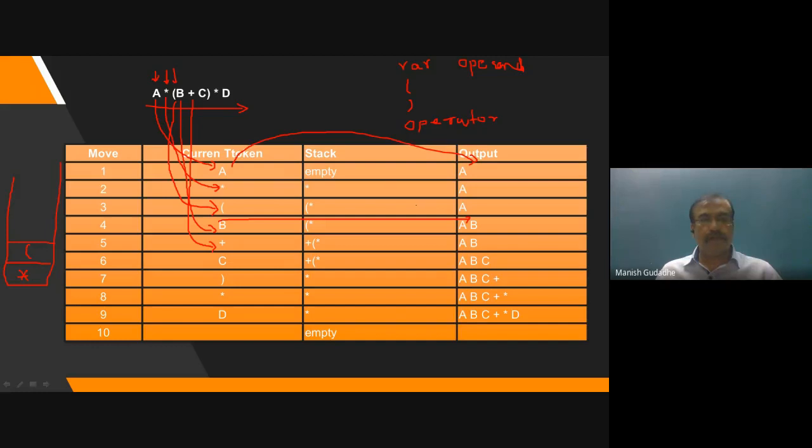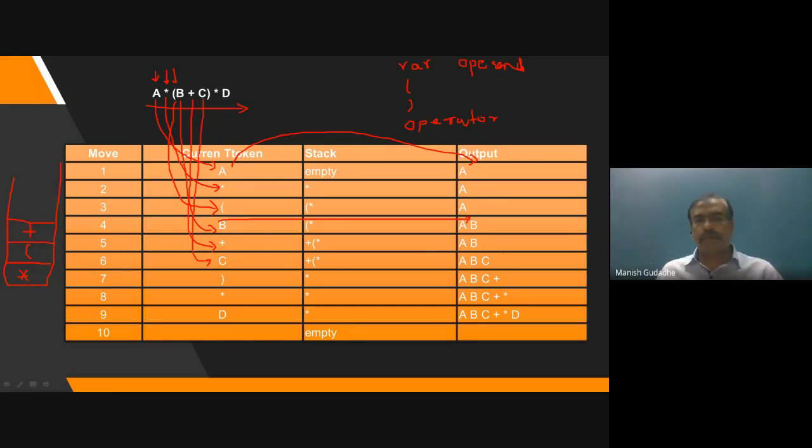Then we encounter plus. If it is an operator, just push it onto the stack. We will bother about the opening parenthesis only if we encounter a closing parenthesis. Till then it will be the normal routine.